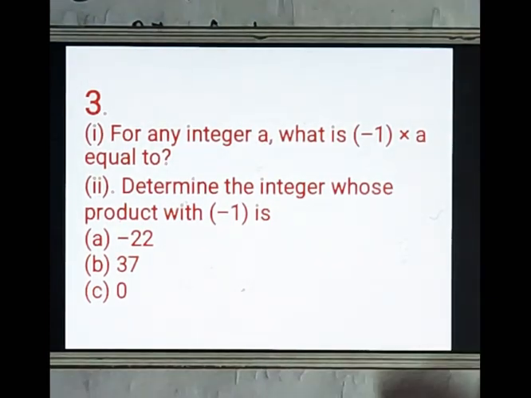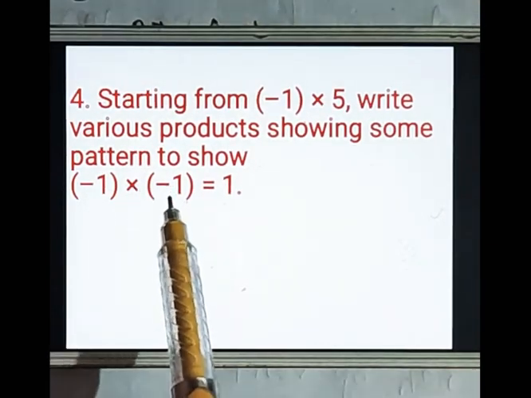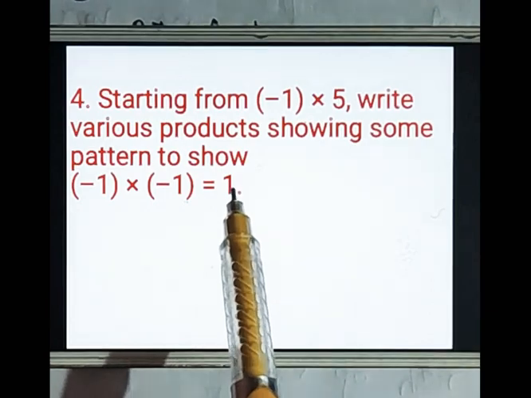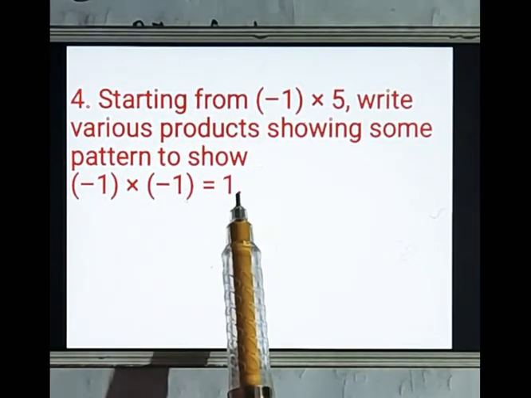So moving on to the next, starting from minus 1 into 5. Remember, negative integer, minus 1 into 5. Write various products showing some pattern, to show minus 1 into minus 1 is equal to 1. So starting from this till here, you have to show a pattern.